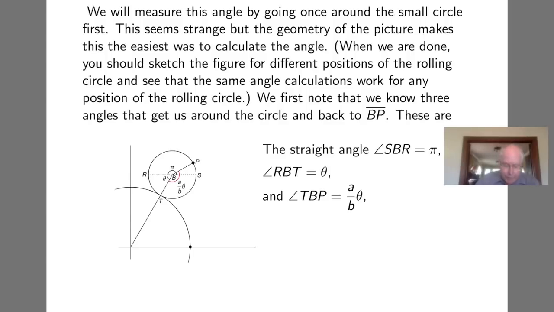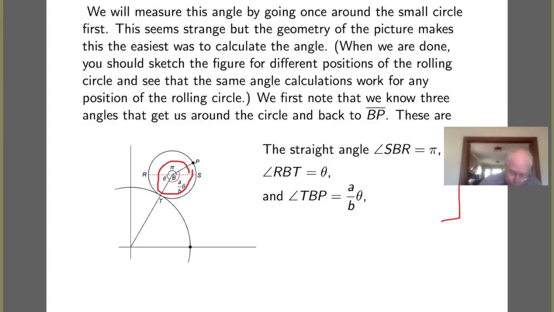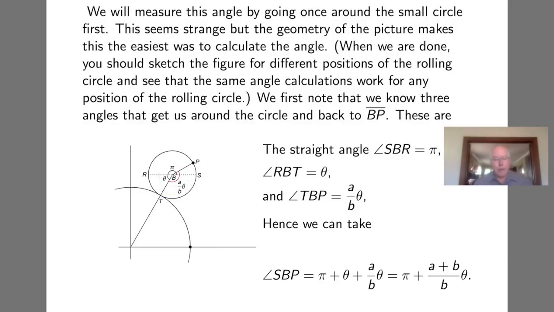So by adding these three angles together, we've actually measured this angle from the horizontal around once and then back to the segment BP. So thus we're going to say angle SBP is, again going once around the circle before we get back to it, pi plus theta plus (a over b) times theta, which reduces to the expression we see right here.